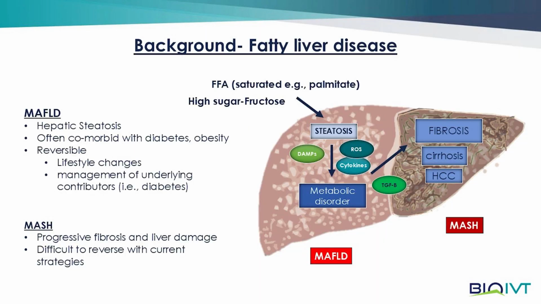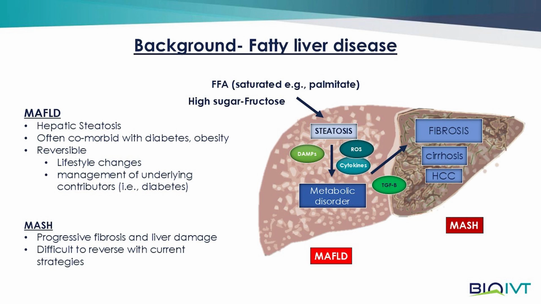So let's jump into fatty liver disease. Just a bit of background on that. Metabolic associated fatty liver disease, if you've been around in the field, you know it had a rebranding a few years ago, MAFLD and MASH instead of NAFLD and NASH.